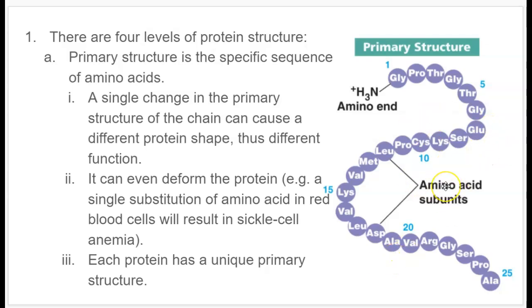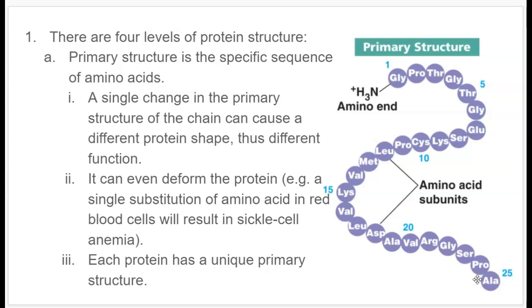Now, just like you learned about with DNA structure or DNA replication in first year bio, when you have a single change in a nucleotide, that can cause a bigger change. Well, the same thing here. If you have a single change in what we call the primary structure, or the first level of structure, that can completely change the shape of the protein, which means it's going to have a different function.